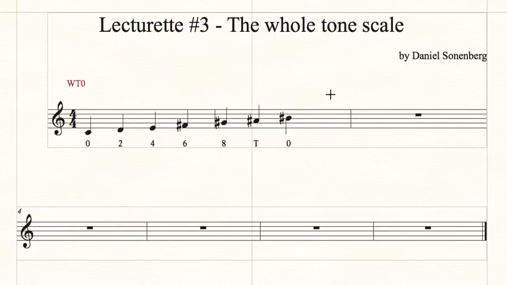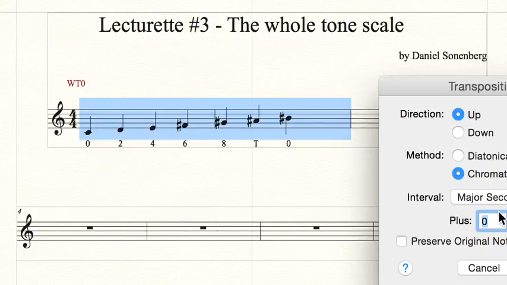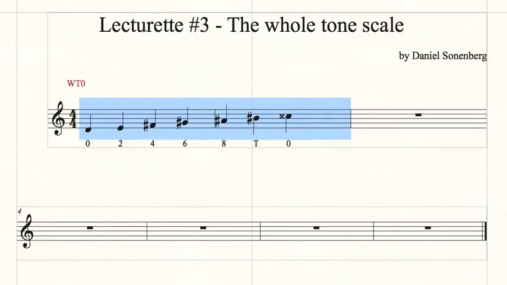If I started on D, it's not only the same exact content, but the same intervallic relationships. It sounds exactly the same. And in fact, you'll notice that if I just take this little excerpt, and I know I'm going below the window that you can see, I'm going to transpose chromatically up a major second.